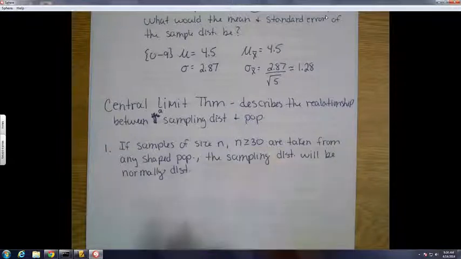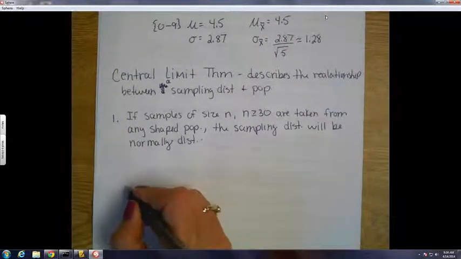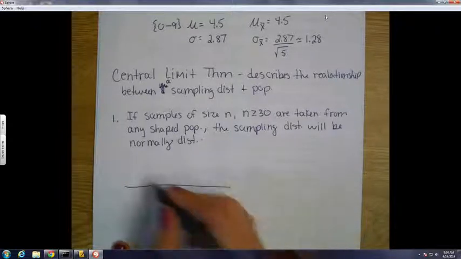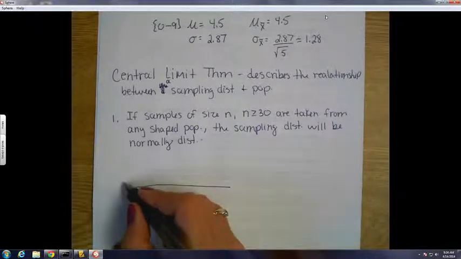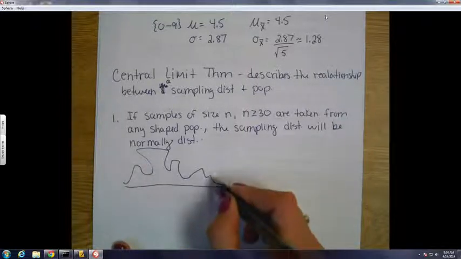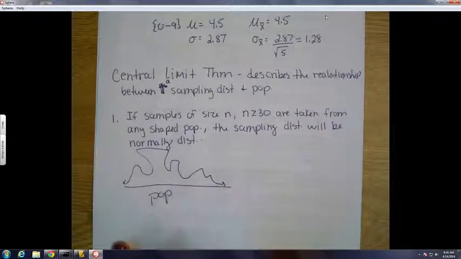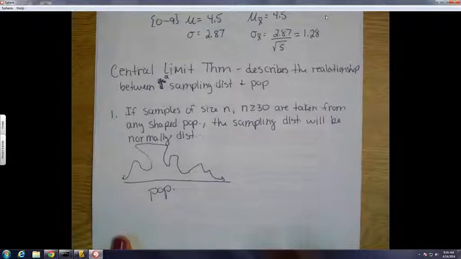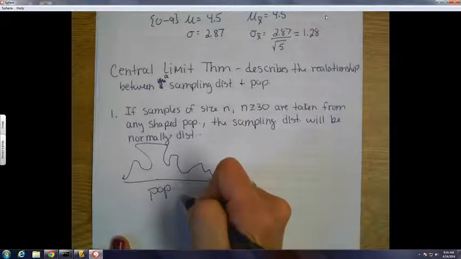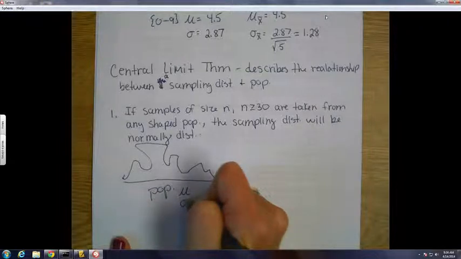So, in a picture, what does this say? If my population's shape, whatever I was measuring, was not normal, but we can still find the mean and standard deviation of any distribution, where we have a mean and a standard deviation.